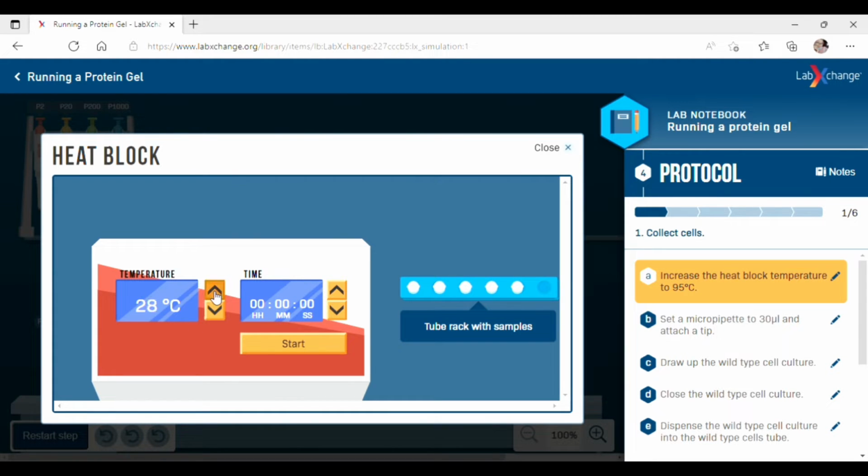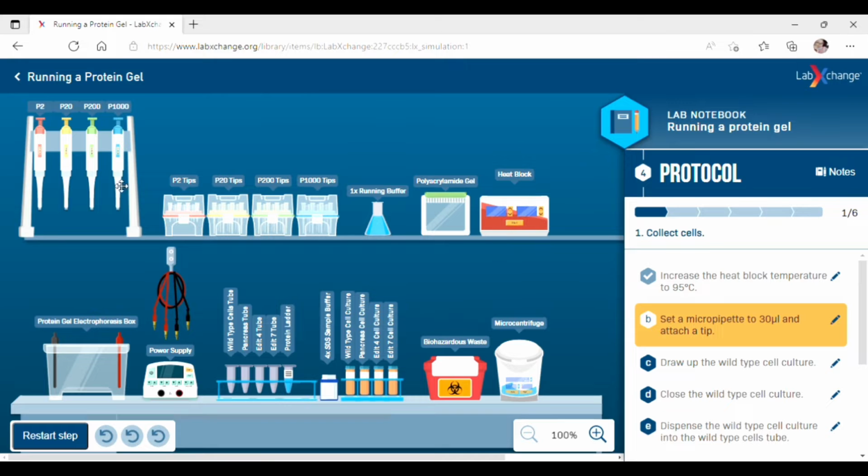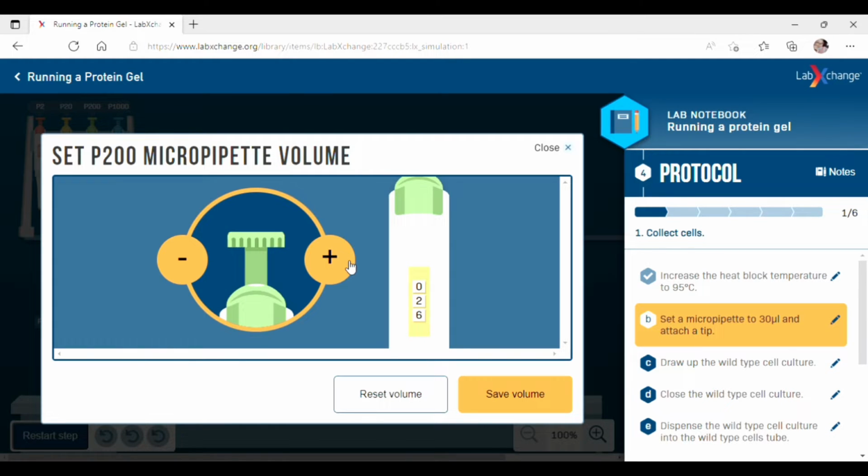Firstly, we need to increase the heat block temperature to 95 Celsius. Next, set the micropipette to 30 microliters and attach a tip.